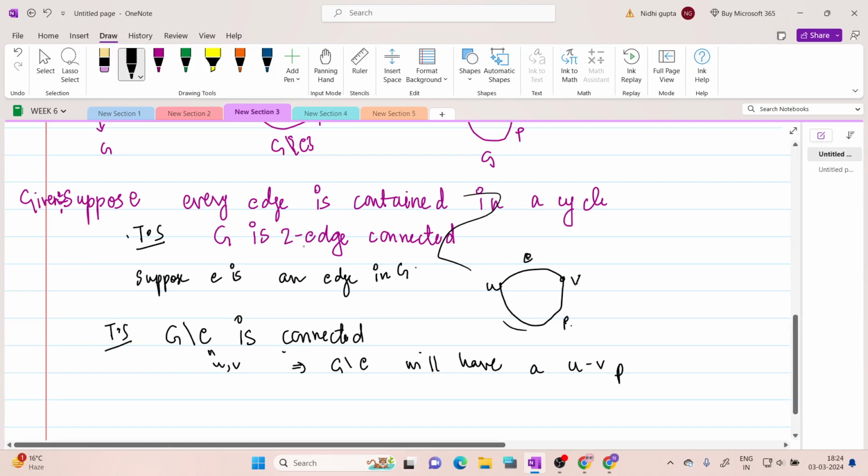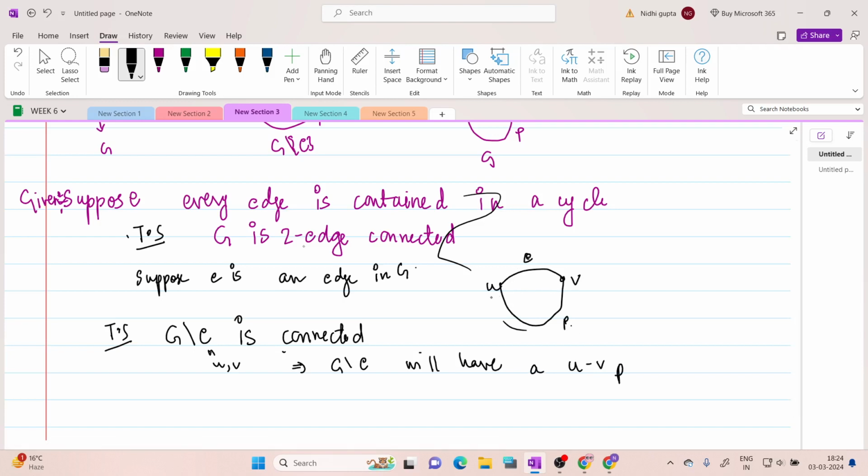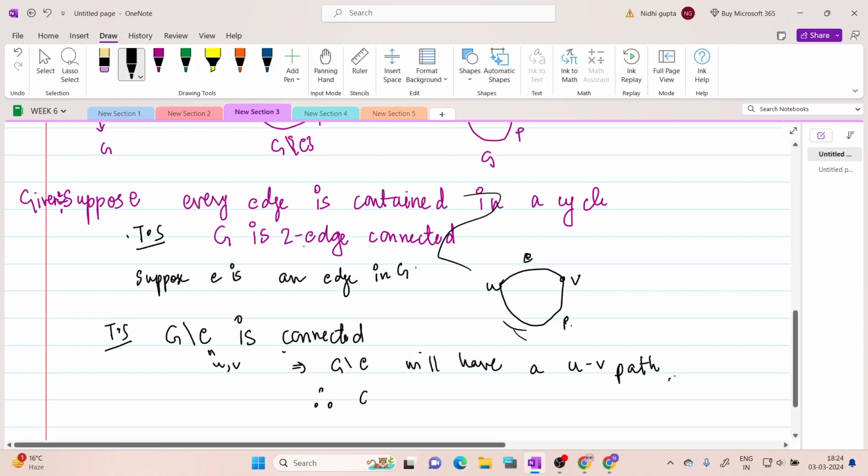If we are removing UV, we are basically disconnecting U and V. But there is another path between U and V. Therefore, removal of this edge won't affect the connectedness of the graph. Therefore, G minus E has a UV path, so G minus E is connected.